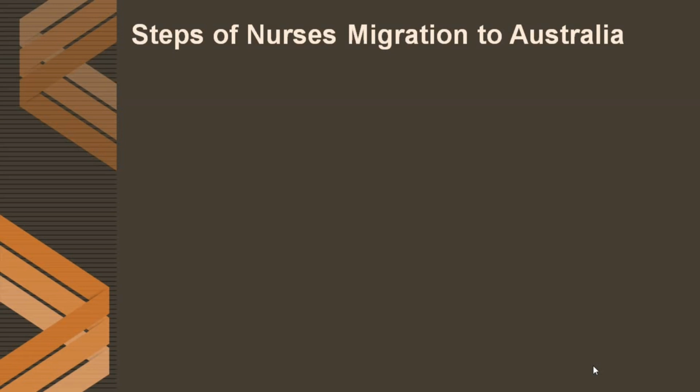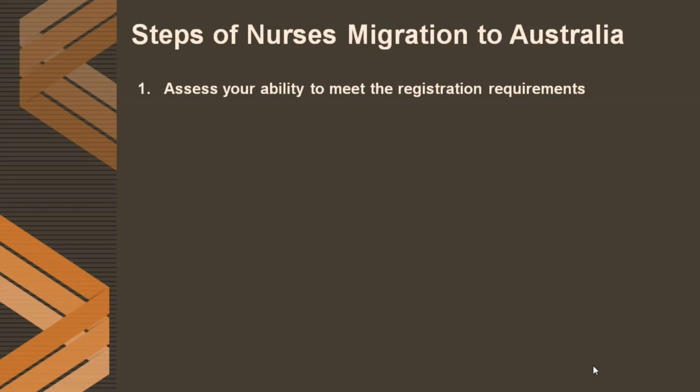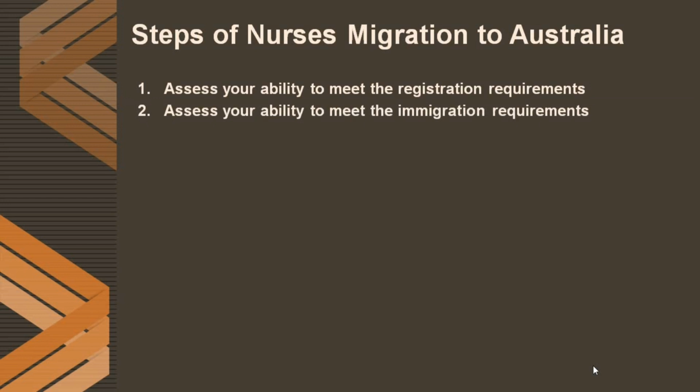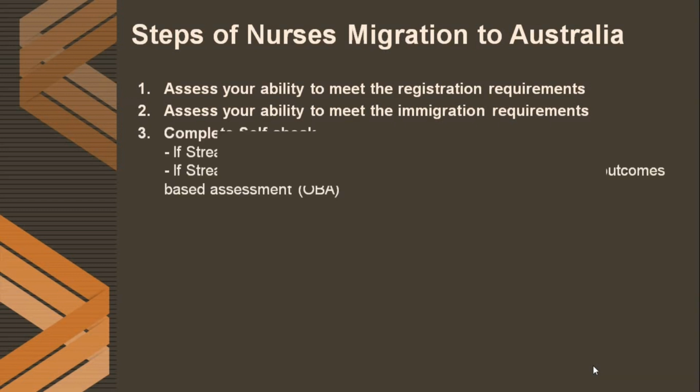First of all, let's see what the steps of nurses' migration to Australia are. Initially, we have to assess the ability to meet the registration requirements in Australia. The second step is to assess your ability to meet the immigration requirements, that is, whether you meet the PR points or not.